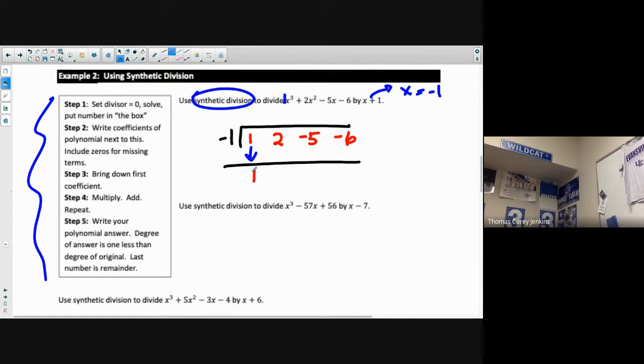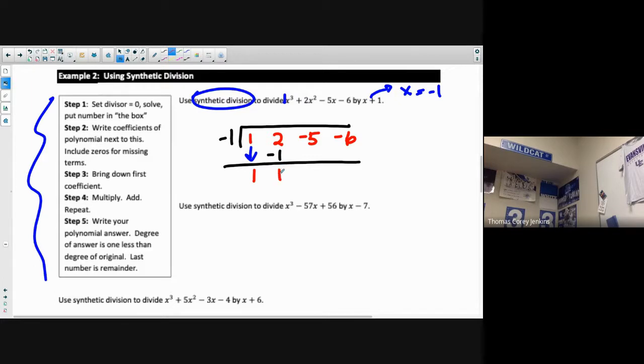And now we start to multiply, all right? So we take -1 times whatever is down here, all right? -1 times what's down there is -1. Okay, now we're adding, all right? So we're not subtracting, we're adding. 2 plus -1 is 1.